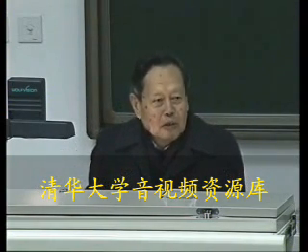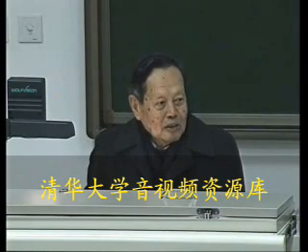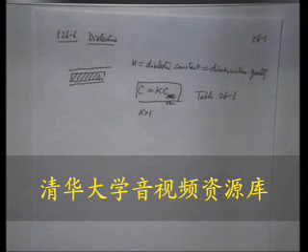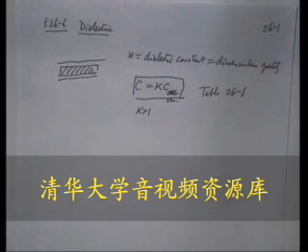The dielectric constant for air is almost exactly 1, just a little bit different from 1. Why is there a dielectric constant? It's because there are induced charges on the dielectric.